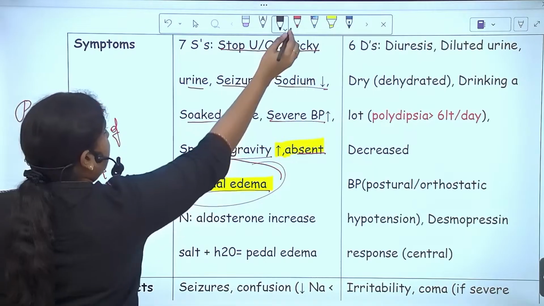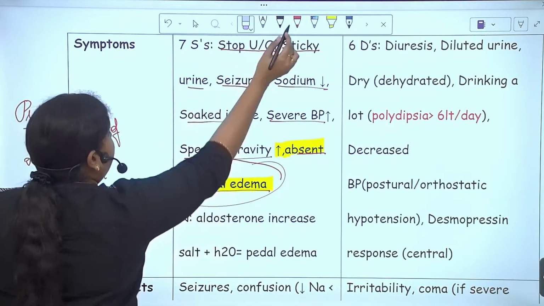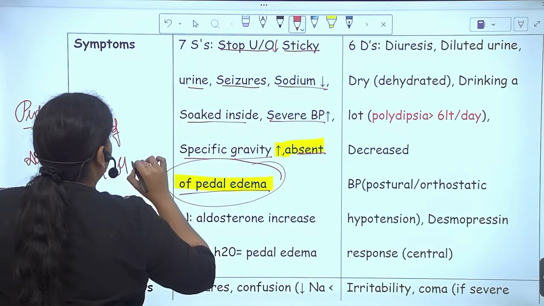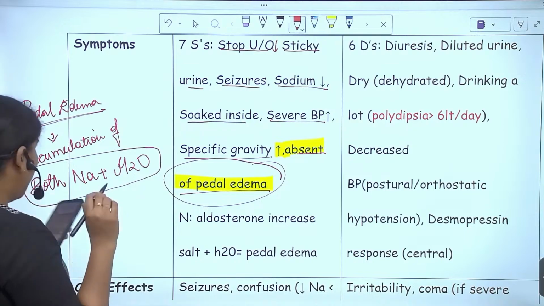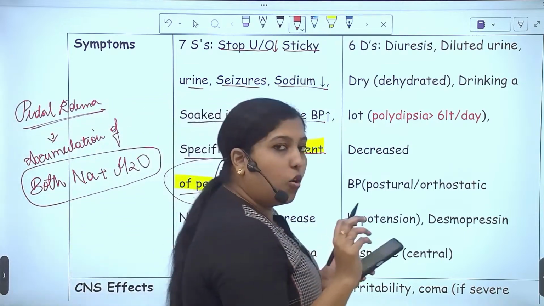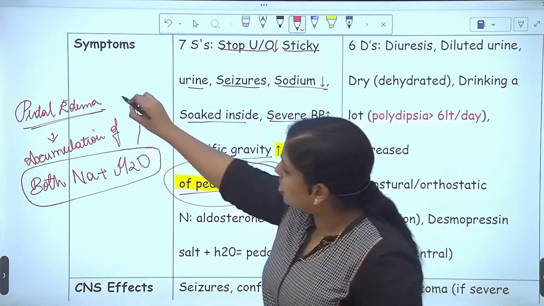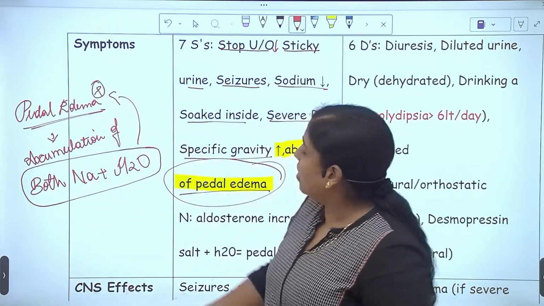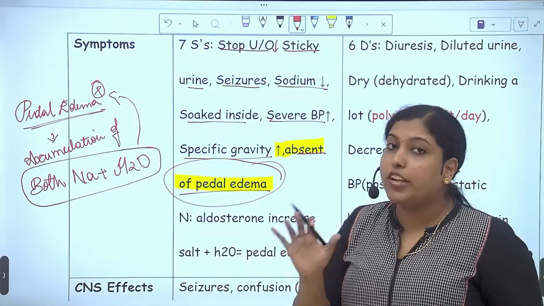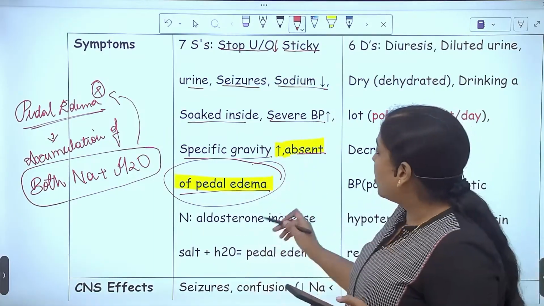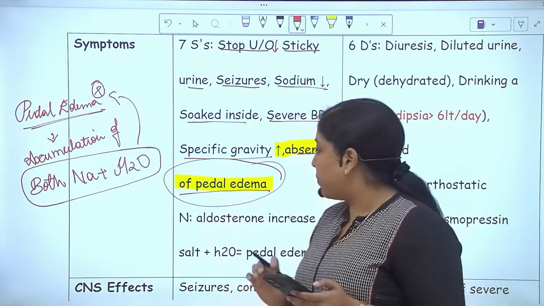When sodium and water are both accumulating together, in some conditions, this is going to cause edema. But in this case, only water is retained. Sodium is not retained. Only water is retained. So that's why the patient will not have any form of pedal edema, right?